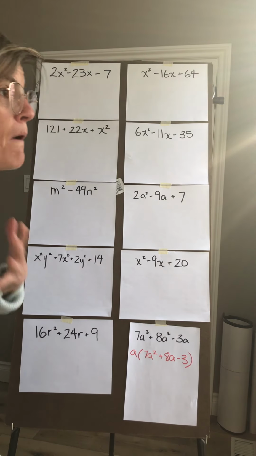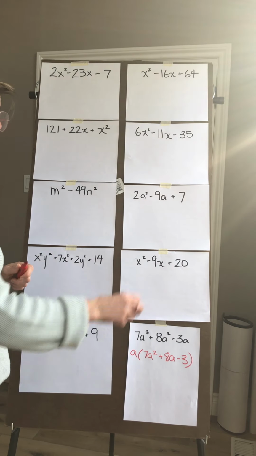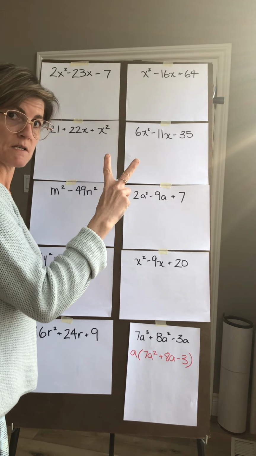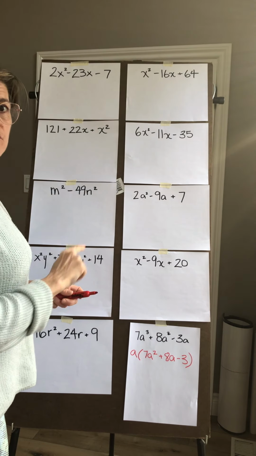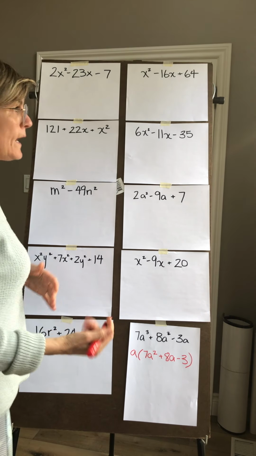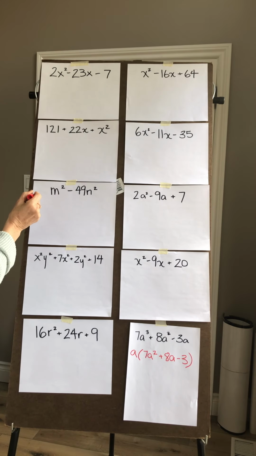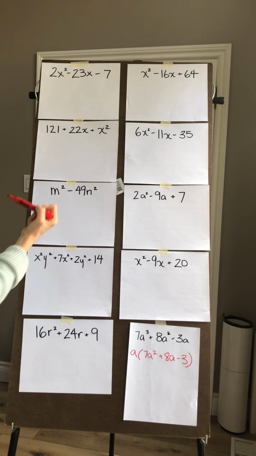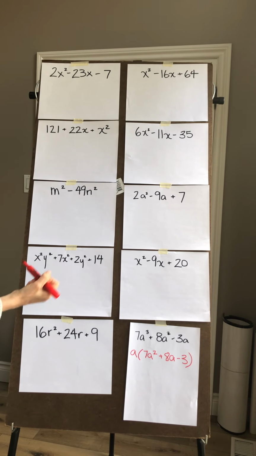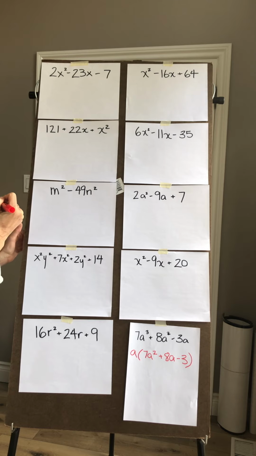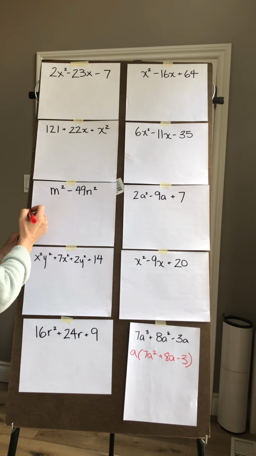So, my personal favorite is when I see 2 terms, I like the difference of squares. To me, it's a really quick, easy way of factoring. So if you look, oh, ding, ding, ding, ding, this one here. 2 terms. Is it a perfect square and a perfect square with a negative? Yes, it is. So this one is our difference of squares, okay?